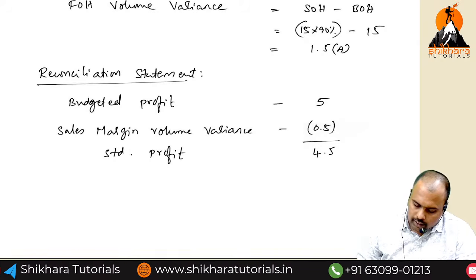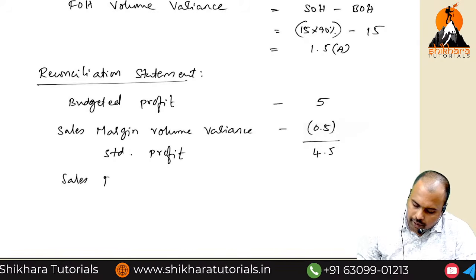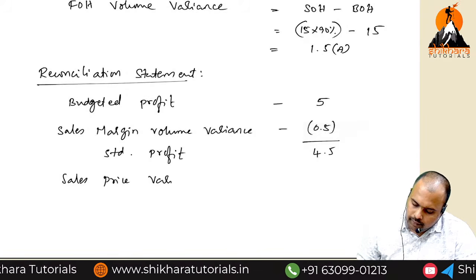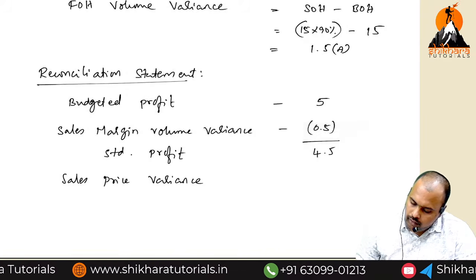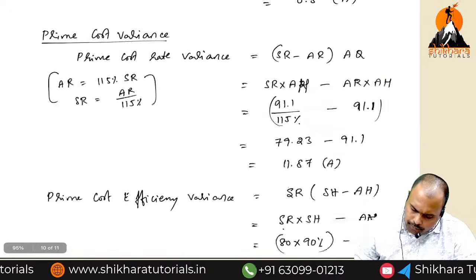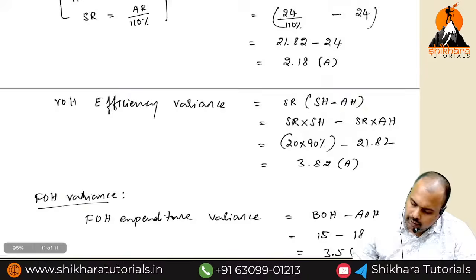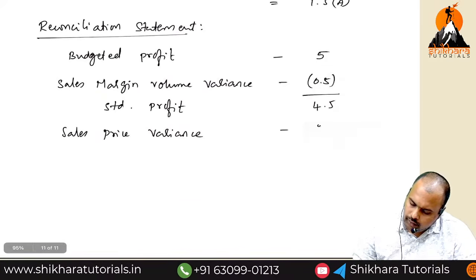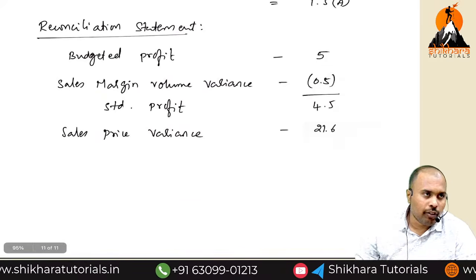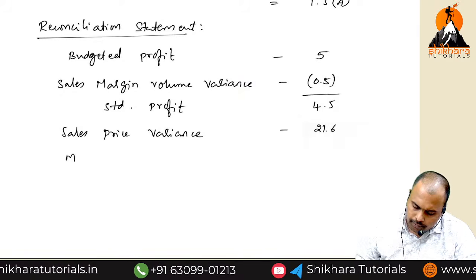Clear? Next, sales price variance. How much is the sales price variance? 21.6, favorable only.